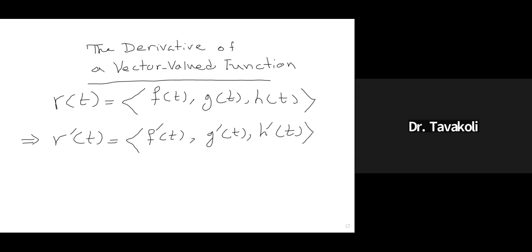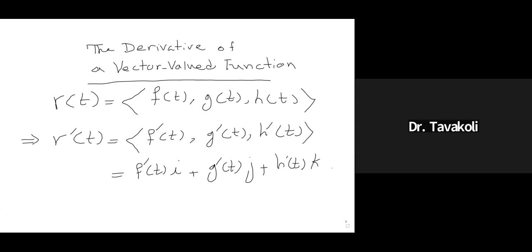And of course, if we use the other notation, it's going to be f prime t i plus g prime t j plus h prime t k. I define the derivative of a vector valued function in this way for the case that the vectors are in R3, the three-dimensional space.